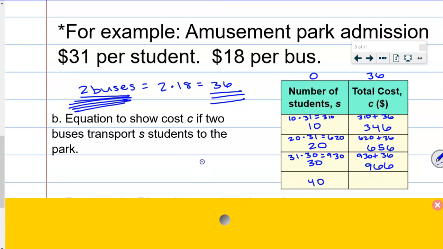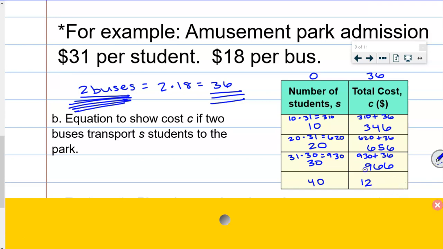This last one, I hope that we have learned from our mistakes and that we're not going to keep making those same mistakes. 40 students, what is the total cost for 40 students, knowing that we are taking 2 buses? Jacob. So the total cost of the students would be $1,276?